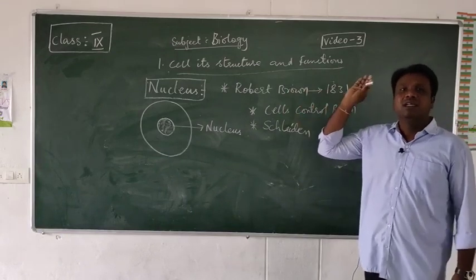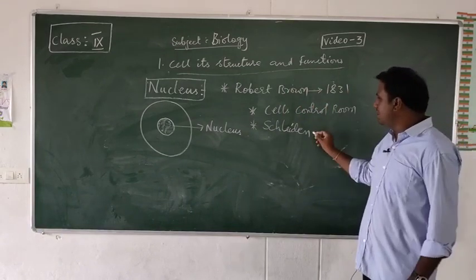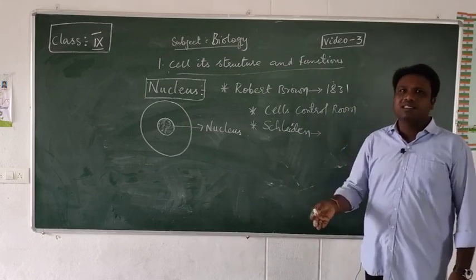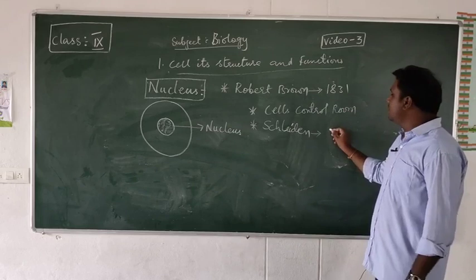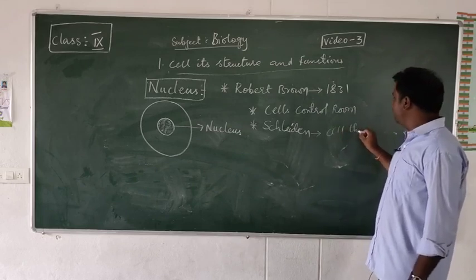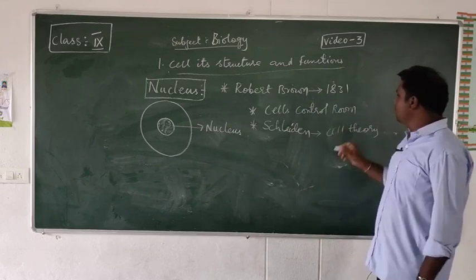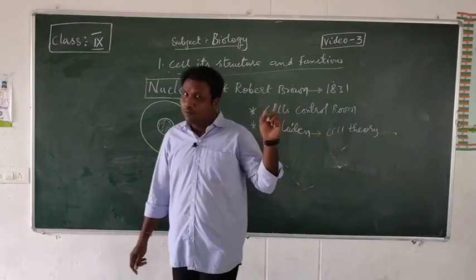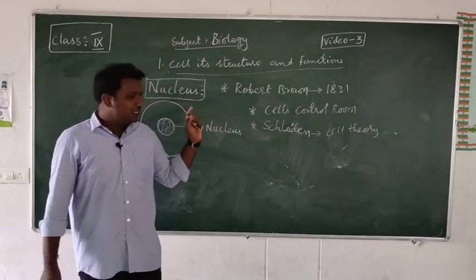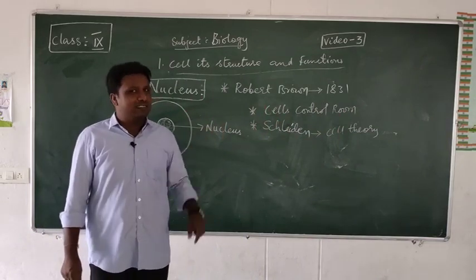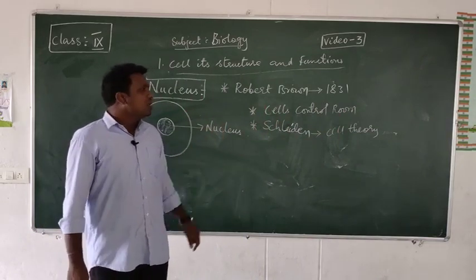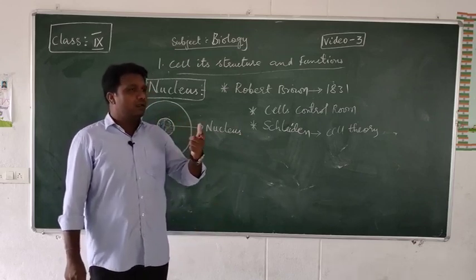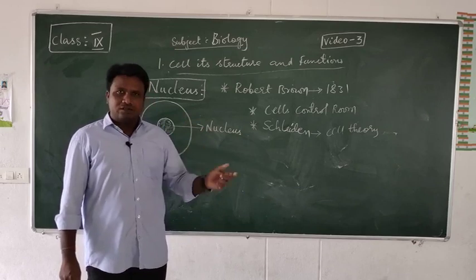He was a prominent person who proposed the cell theory. So, who proposed cell theory? Schleiden. I'll ask you at the end. Who proposed cell theory means you should tell the name Schleiden. And one more scientist is Schwann. But here, this is Schleiden, one of the prominent persons in the case of cell theory.